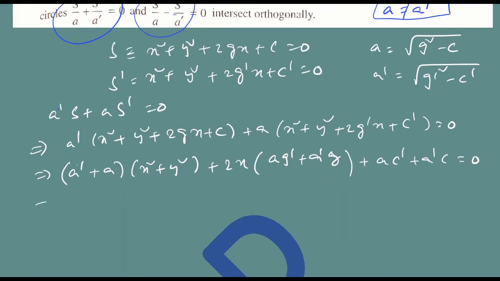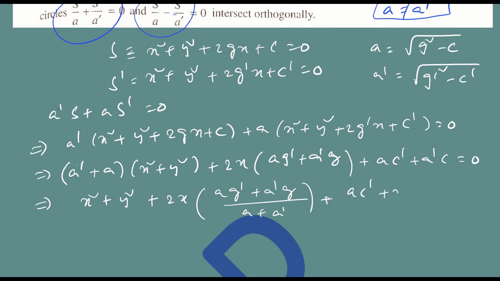Or putting in the standard form, it's x square plus y square plus 2x into (a g dash plus a dash g) by (a plus a dash), plus (a c dash plus a dash c) by (a plus a dash) is equal to 0.